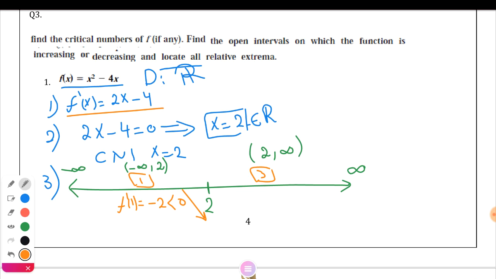Okay? Then replace by 3 in the derivative, it will be 6 minus 4. You can use your calculator to find the value of the derivative at the test value, which will tell me the sign of the derivative.